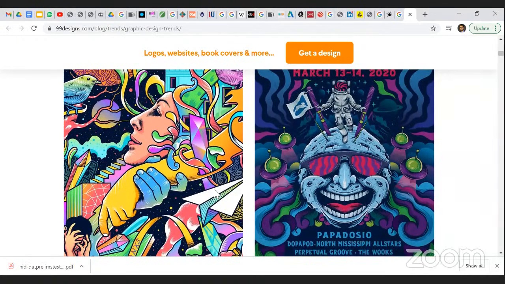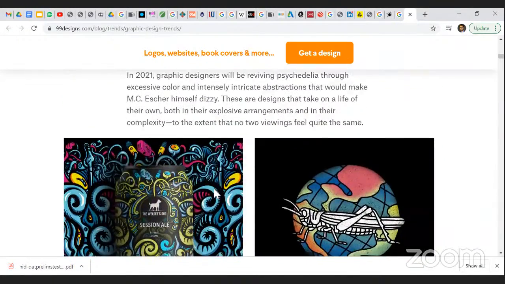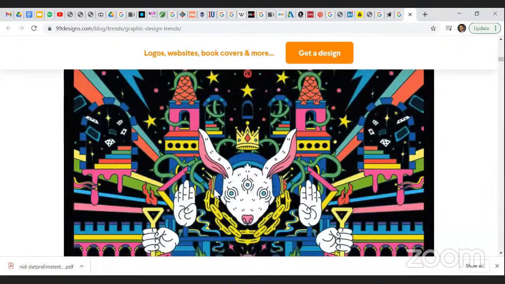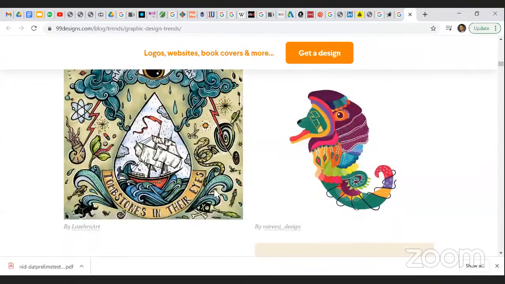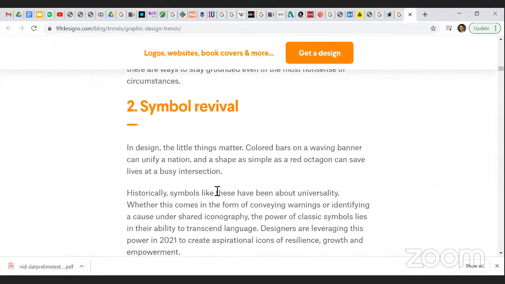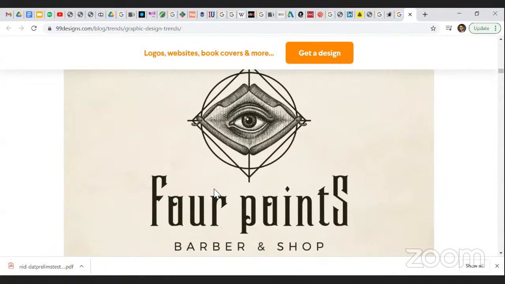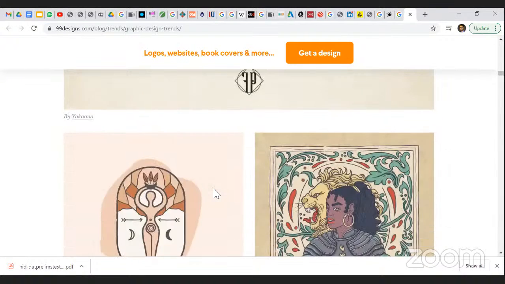Every year on year, they keep on changing, building up. So it is better you follow Google search as an option, because you will always get the latest information. No book, no website can give this kind of thorough information. For example, symbol revival, how they are reviving the symbol.